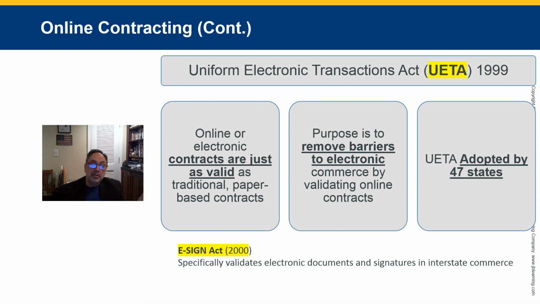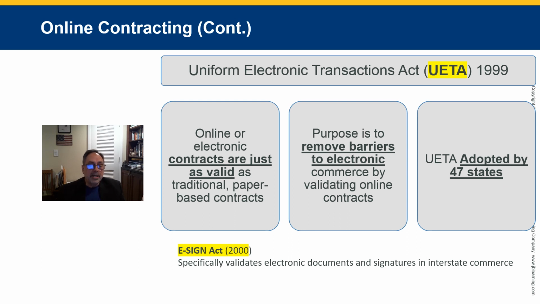But on the other hand, there was another federal law, the E-Signature Act, or sometimes called the E-Sign Act of 2000, and that specifically validates electronic signatures throughout the whole country. So the laws are different. The UETA Act covers electronic contracts and removes some ambiguity, and most states have elected to subscribe to UETA.